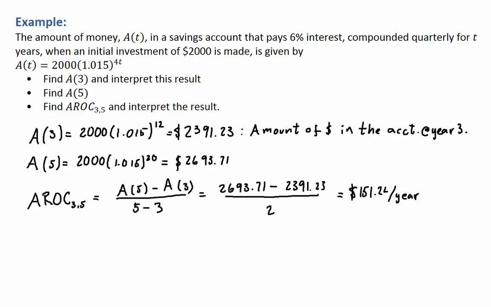I do have to say this is dollars per year, since the amount is given in dollars and the time is given in years. So that's that for this problem. As you can see, it's very simple. It's just a matter of evaluating the function and then calculating the slope.